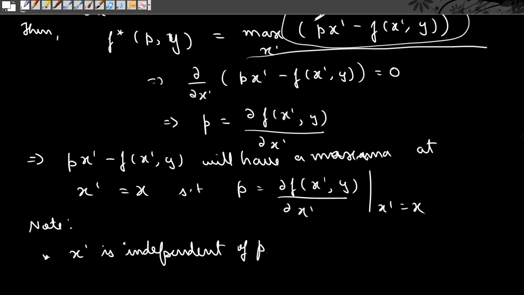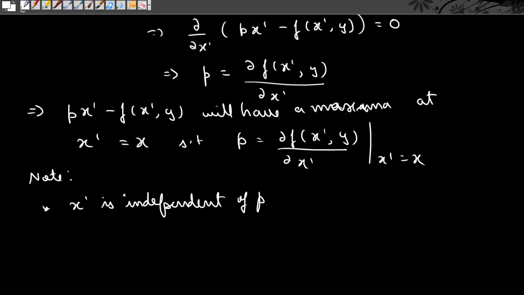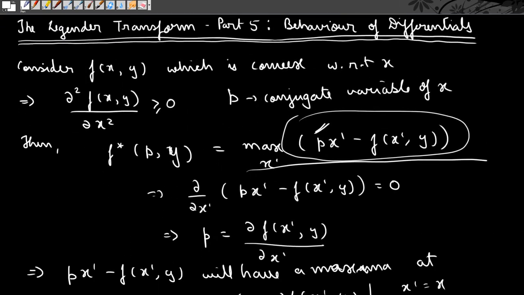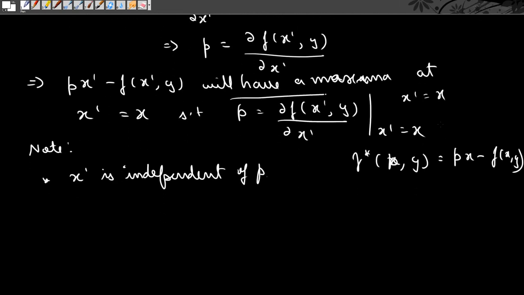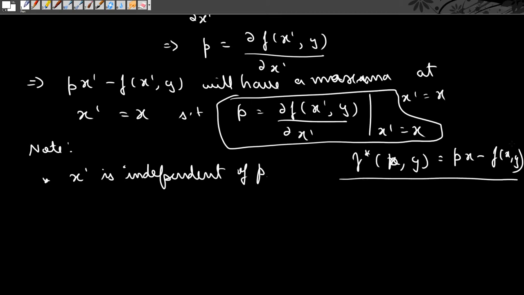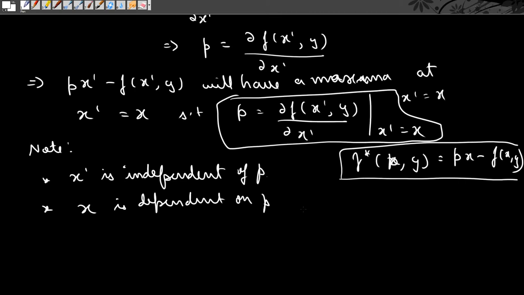Whereas, when we choose x dash as equal to x, f star of p comma y will now become p x minus f of x y, where in the expression for max over x dash of p x dash minus f of x dash y we have chosen the value of x dash equal to x, where this condition is satisfied. So in this equation x is dependent on p. Why?